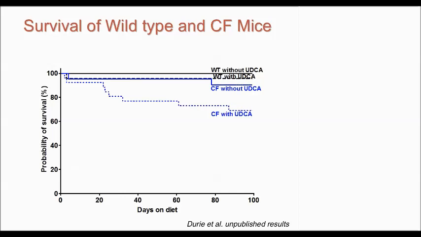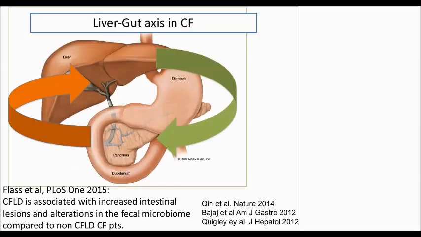And when they looked at the survival analysis, I don't want to bore you with all the details, but that's the survival analysis. It showed that CF mice on urso treatment performed worse than those without urso treatment, at least warranting caution about the free use of urso and the feeling that it is all harmless to provide, acknowledging that mice are not men, or men are not mice.